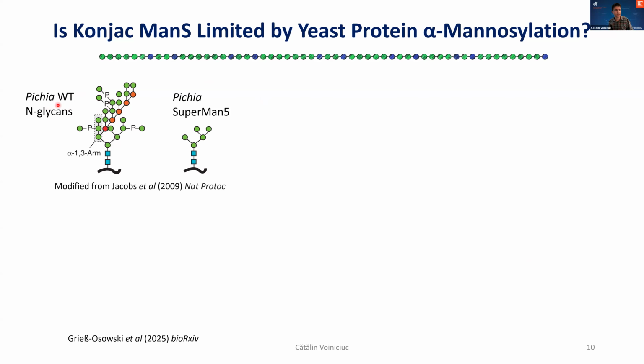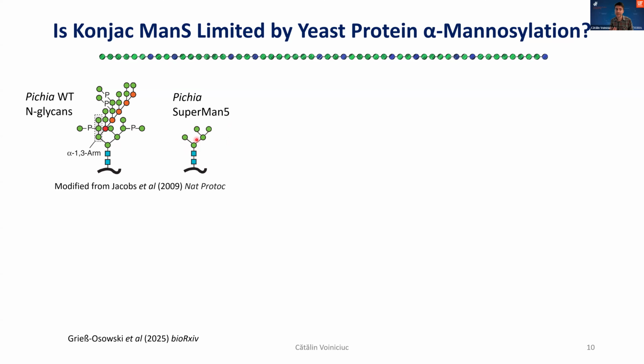And so this is what in wild-type Pichia you can find. Surface proteins can be highly mannosylated. Those are all the little green circles. But there is a commercial Pichia glycoengineered strain called Superman 5, which has reduced the mannosylation units to only 5.